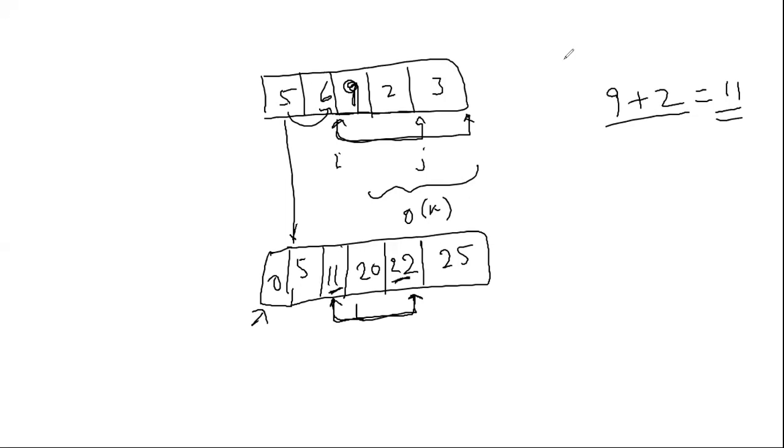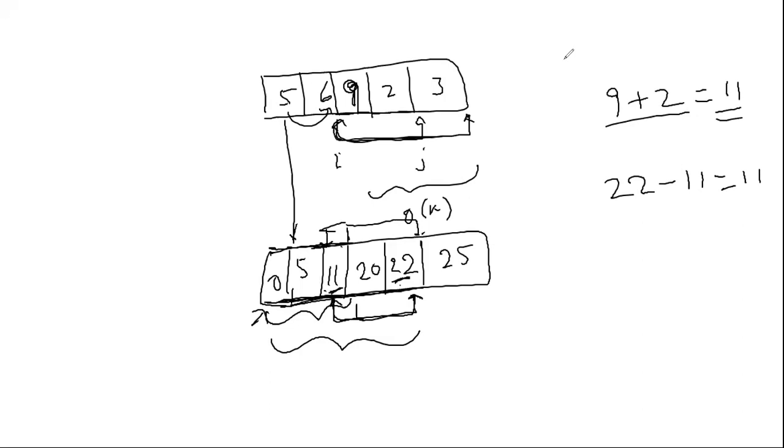Since I know the sum from here to here, and also from here to here, all I have to do is subtract these two. So 22 minus 11 equals 11.